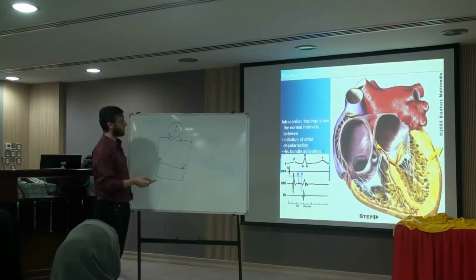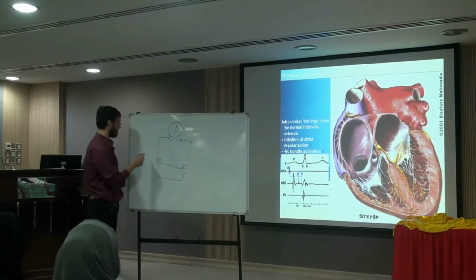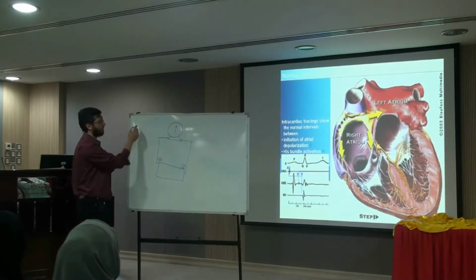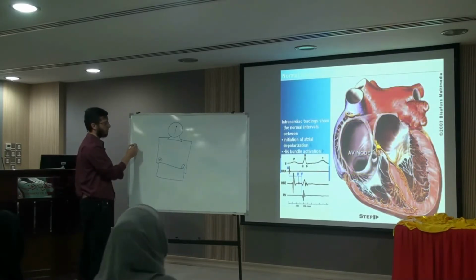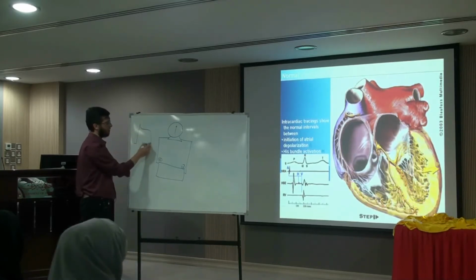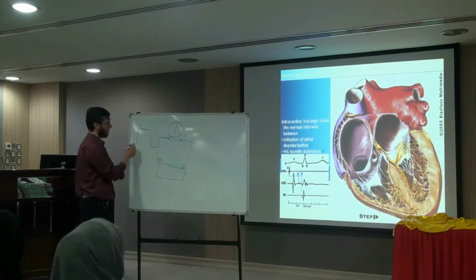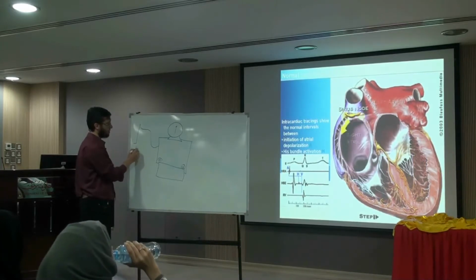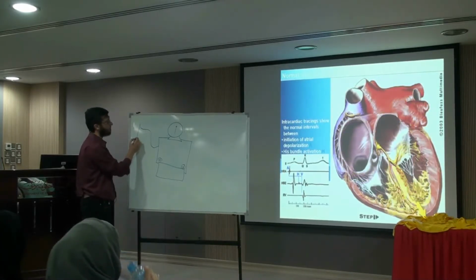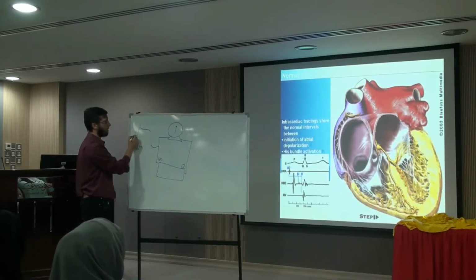So how do things work in the heart? First thing that you have is the action potential. It looks something like this. First you have sodium influx that gives you phase 0.